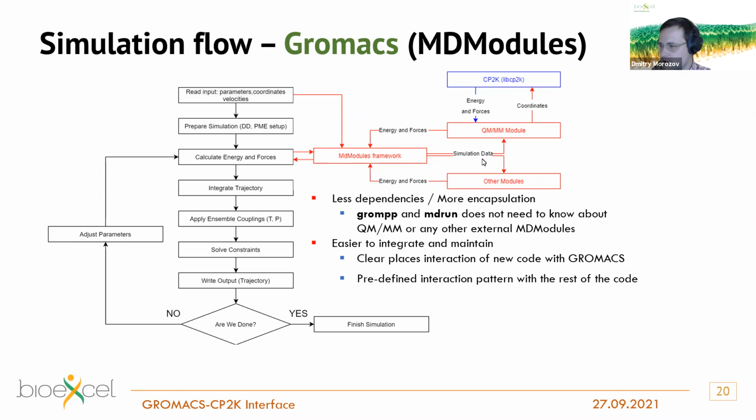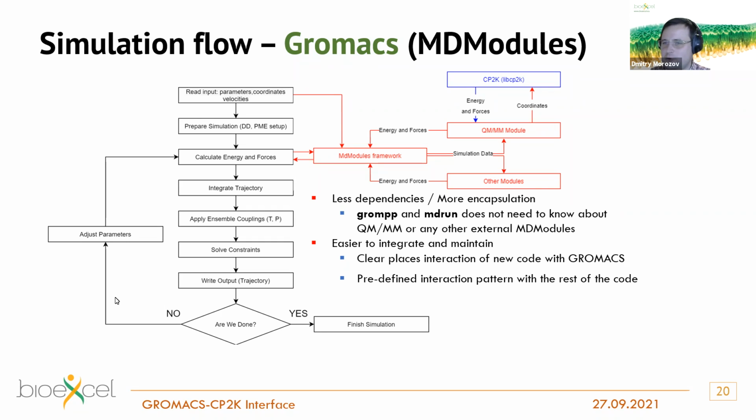There are several now in GROMACS, and it gets back from them individually calculated forces and energies, and uniformly provides this back to the main GROMACS code. So now your whole code of the interface is isolated here, and everything else is just managed uniformly through this MDModules framework.